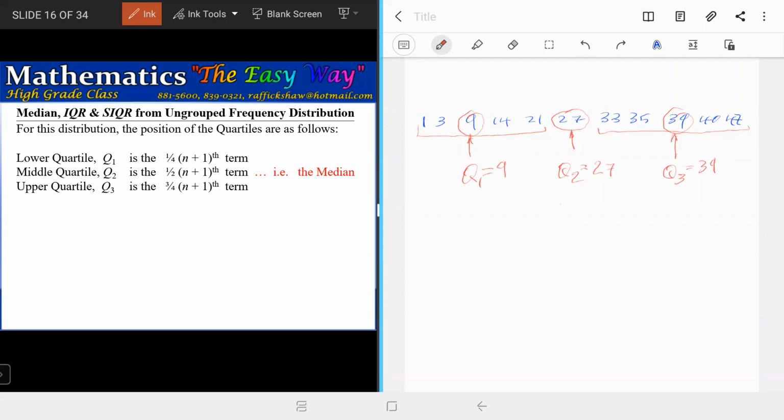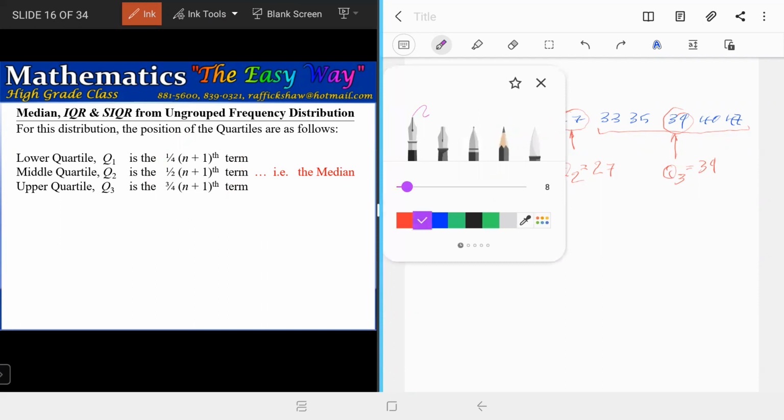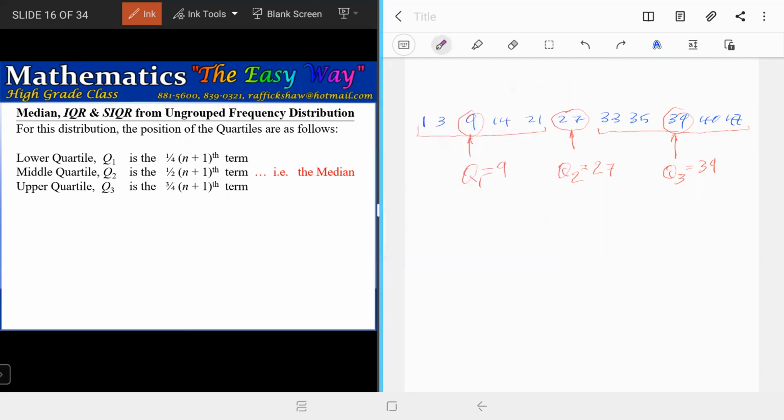Now let's show that you can find these positions using the formula, just to prove that these formulae are correct. Remember, it's not finding the values themselves, it's finding the position of the value. So the position of Q1 equals 1/4 of the n plus 1th term.